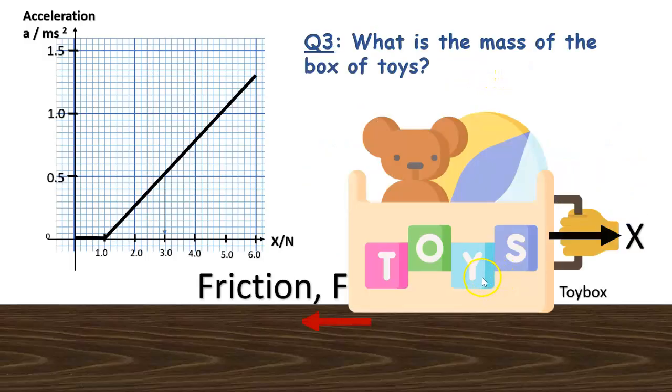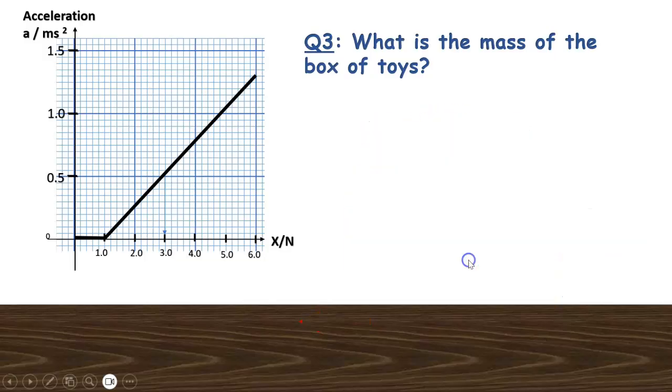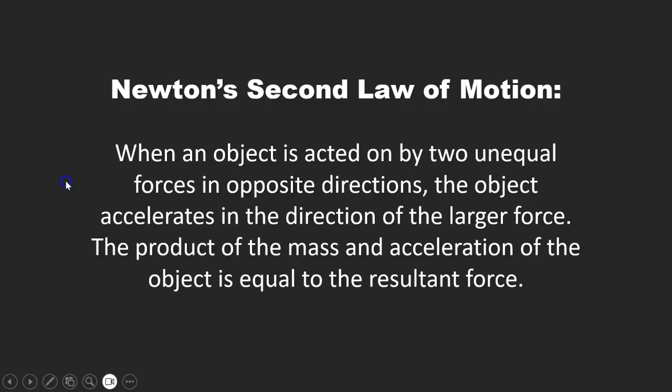Now, if you apply Newton's second law of motion, you will even be able to calculate the mass of this box of toys. This is how you do it. Let's say we pick this point when X equals 3 Newton. The acceleration from the graph is given as a equals 0.5 meters per square second. Applying Newton's second law of motion, the product of the mass and acceleration of the object is equal to the resultant force.